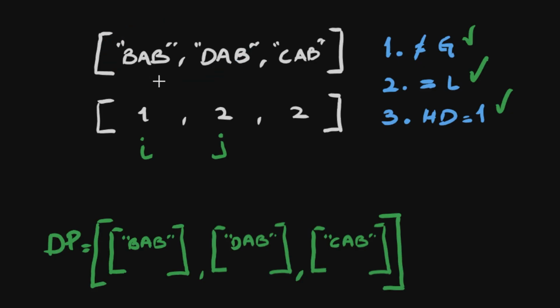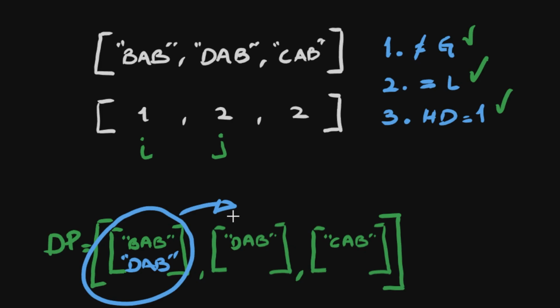But remember, we are trying to find the longest valid subsequence. So let's say we add this here. We will have something like this. And now we need to ask ourselves if the length of this array is bigger than the length of this array, and in this case it is bigger, so we are replacing this array with this one.